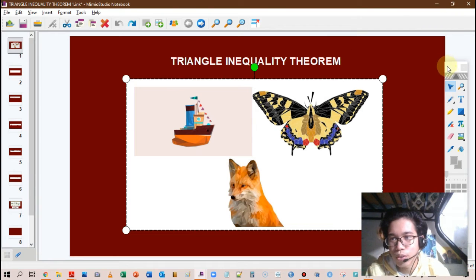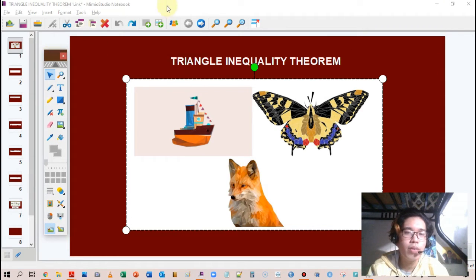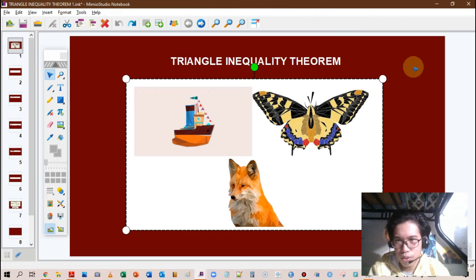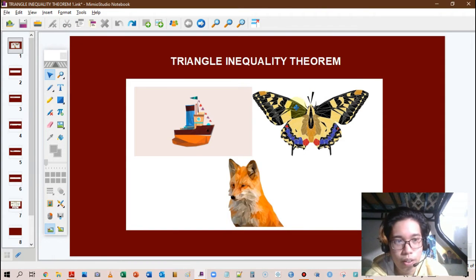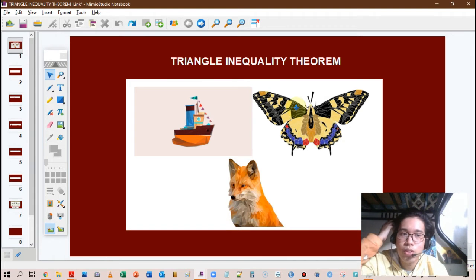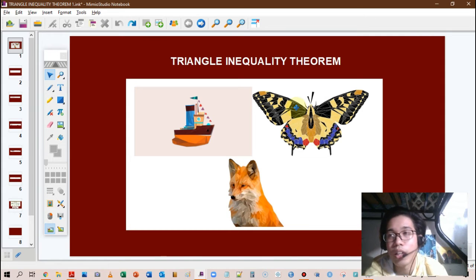For our lesson for today, we're going to be discussing the triangle inequality theorem. There are a lot of things that we see in our surroundings that have triangles on them, most of which are constructed by men. Most of those structures, not all of them, have congruent sides or the same sides.